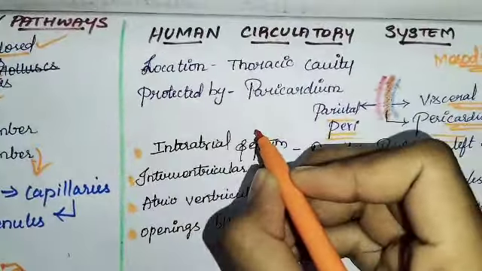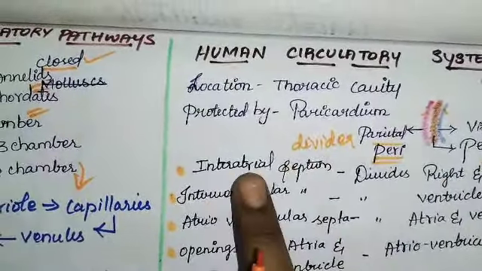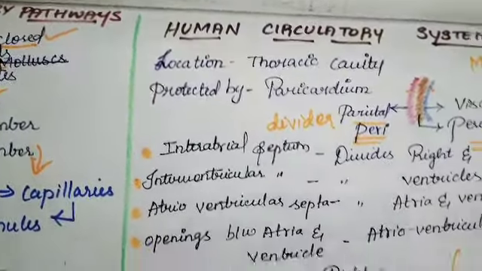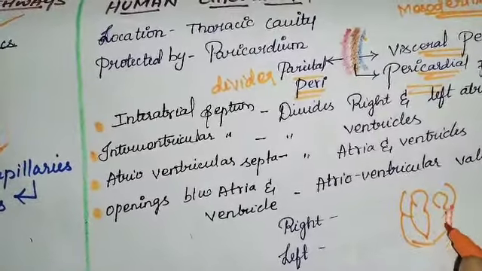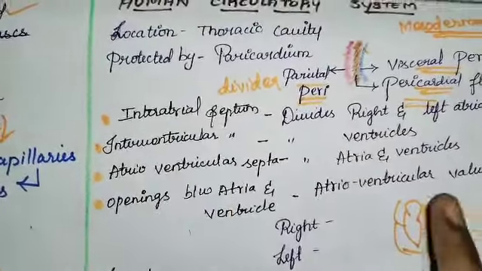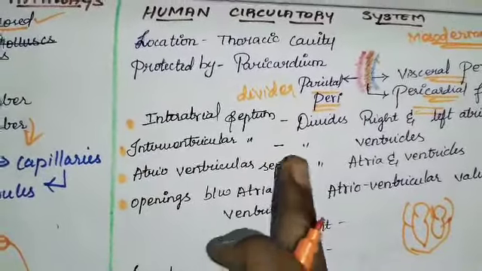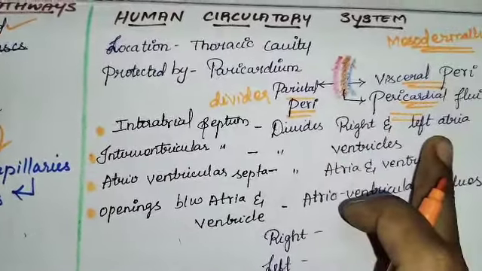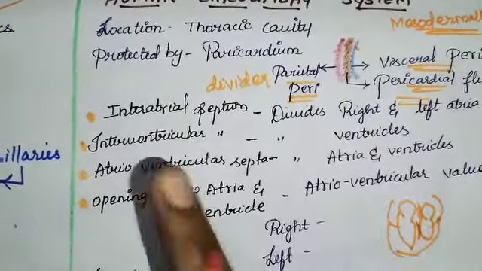The interatrial septum is the divider between the atria, the septum between the right and left atria. The interventricular septum is the septum between the two ventricles, dividing the right and left ventricles.